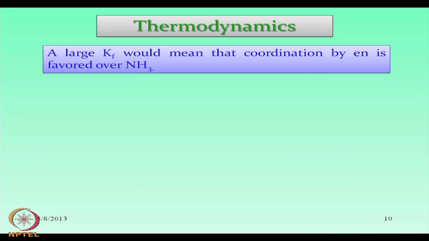So, if we are able to monitor the corresponding K value due to the binding of ethylenediamine on the amine complex of nickel, we can simply assume that the binding is favored for the chelate ring.